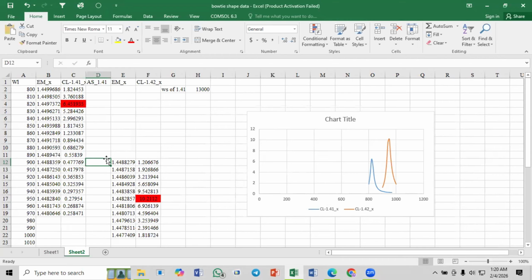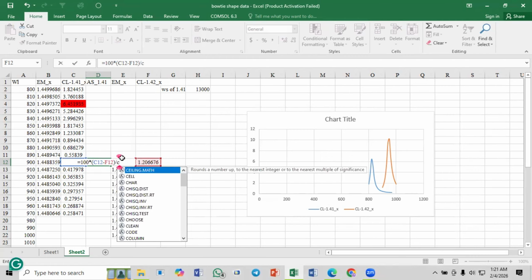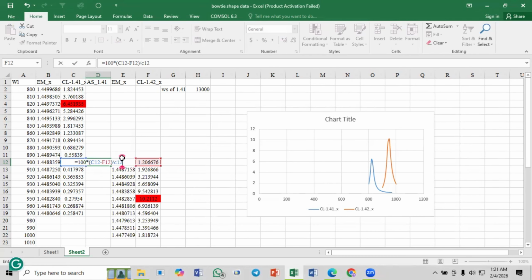For that we have to calculate it. In Excel, how can we write the equation? It's 100 into the difference, from this one minus this one, divided by C12. So this is the equation of amplitude sensitivity in Excel.